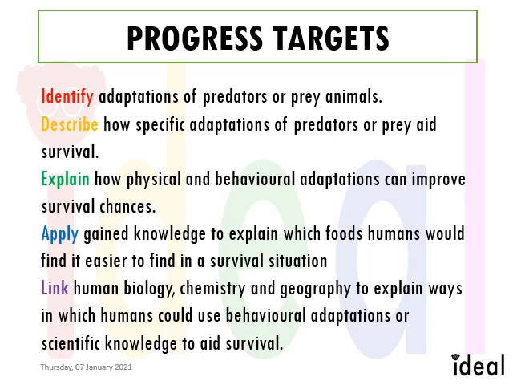We're going to apply gained knowledge to explain which food humans would find it easier to find in a survival situation. And then lastly, link human biology, chemistry and geography to explain ways in which humans could use behavioral adaptations or scientific knowledge to aid survival. Okay, so we'll refer back to them at the end of the lesson to set ourselves targets on what we need to improve on and what we're working at.